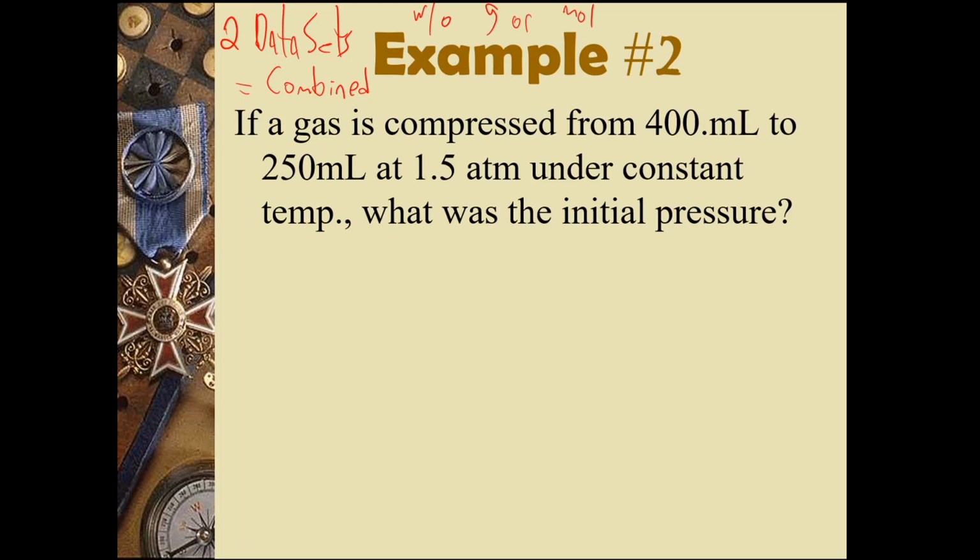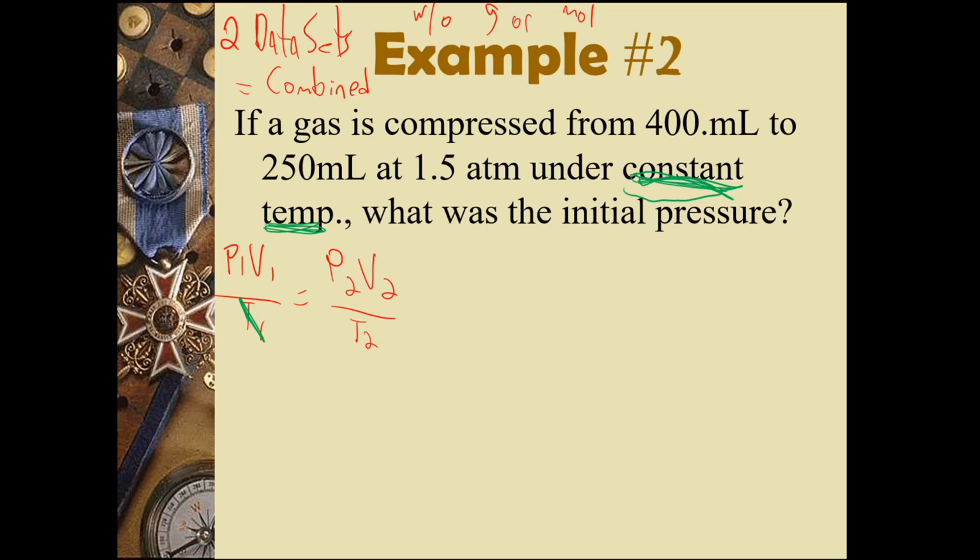So yes, this is totally combined, which means we're going to do the whole P1V1 over T1 equals P2V2 over T2. Now, this has something new to it. It says constant temperature.